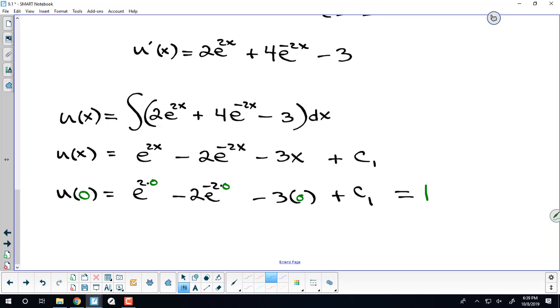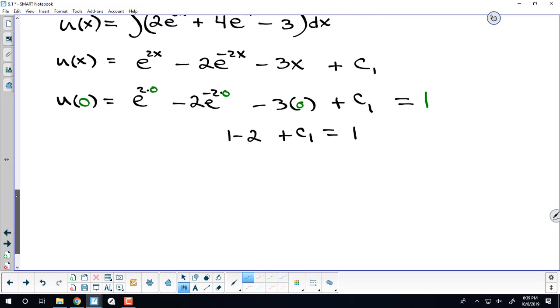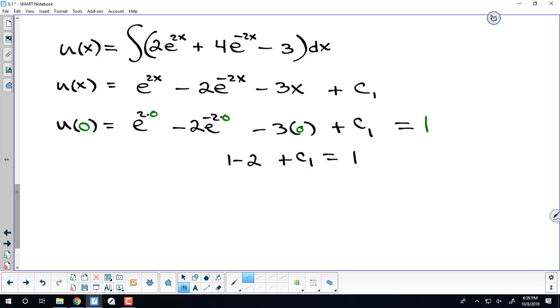All right, so then what do we get? 1 minus 2 plus C1 is equal to 1. So we have minus 1 plus C1. So C1 has to equal 2.